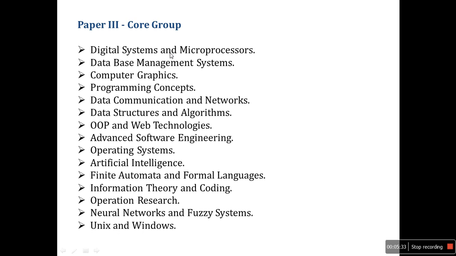Later on, digital systems, microprocessors, and the remaining subjects have the same preference, but mainly we should give preference to finite automata and formal languages, and also to Unix as well as Windows. Many more subjects have high priority and medium priority.